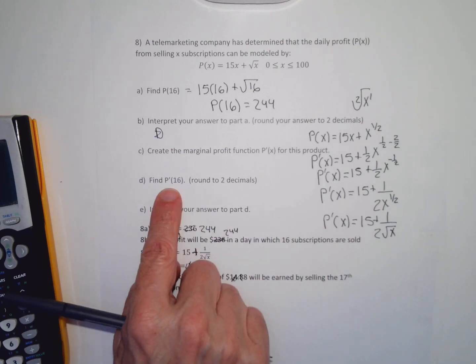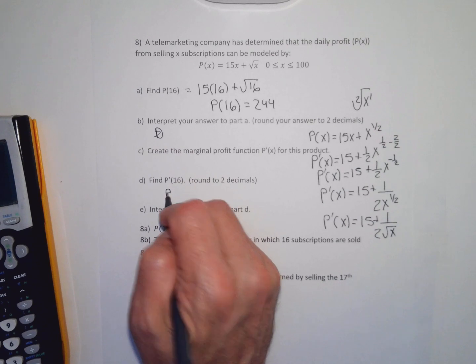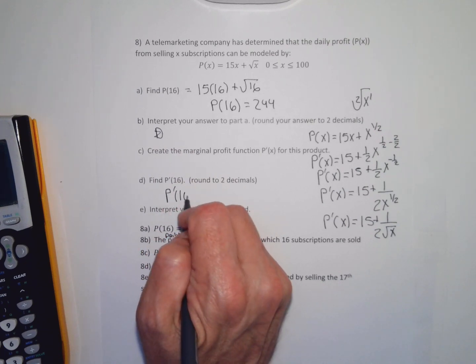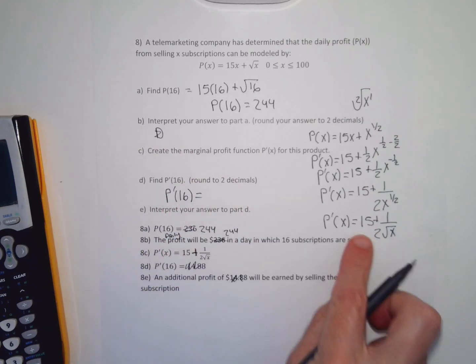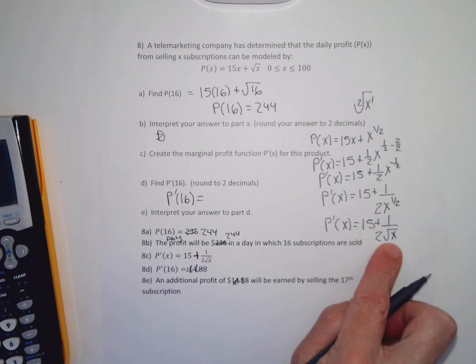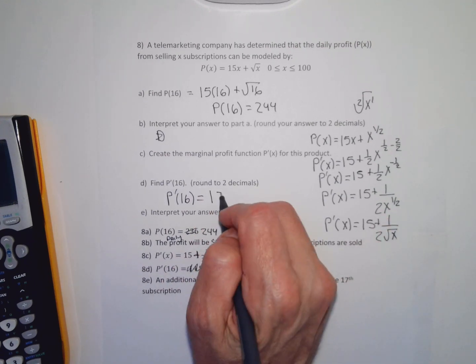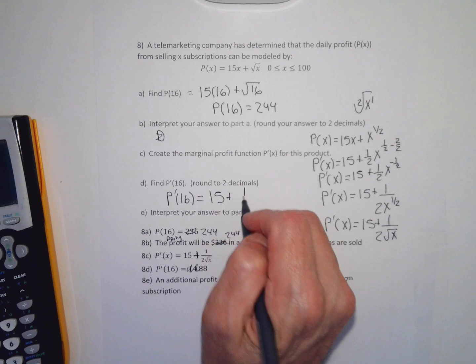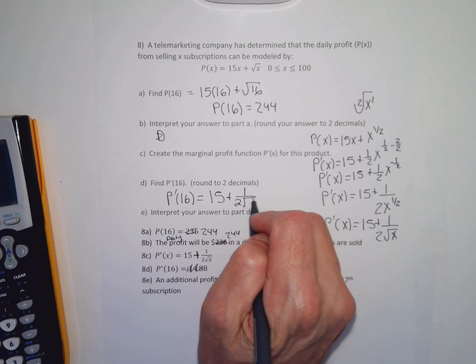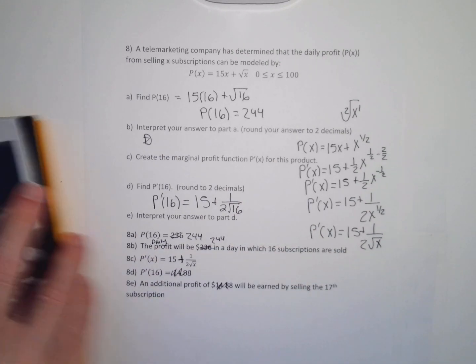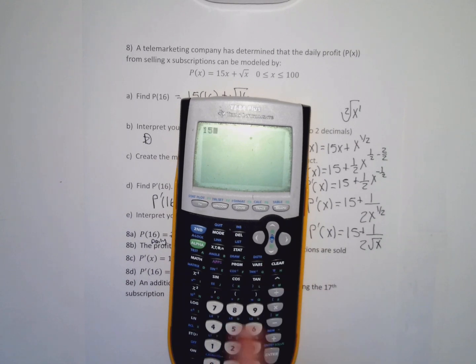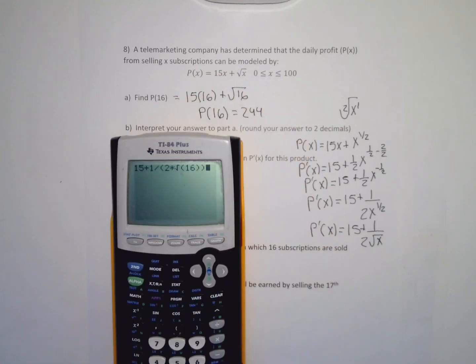Now, let's evaluate the marginal profit function at 16. The marginal profit function evaluated at 16 is going to be 15 plus 1 over 2 times the square root of 16. No need to do that by hand. So 15 plus 1 divided by, and then 2 times square root of 16. On my calculator, I better put the whole denominator in parentheses.